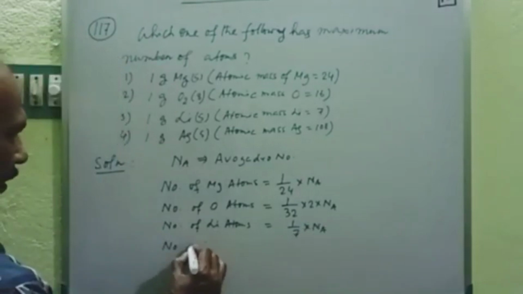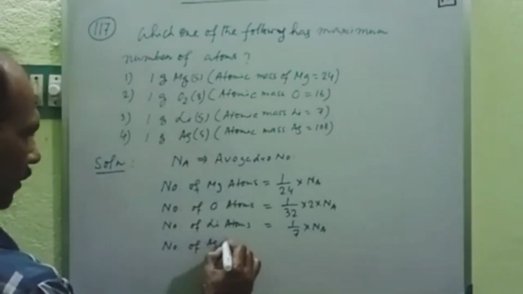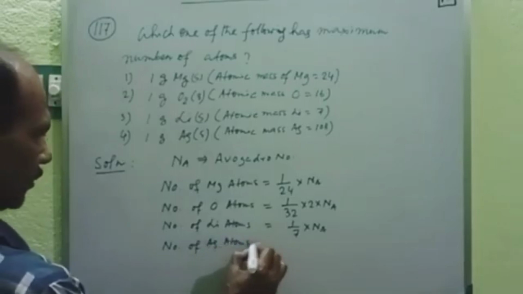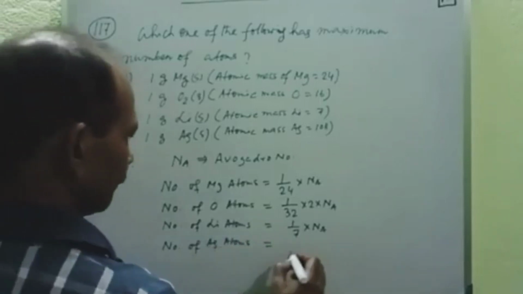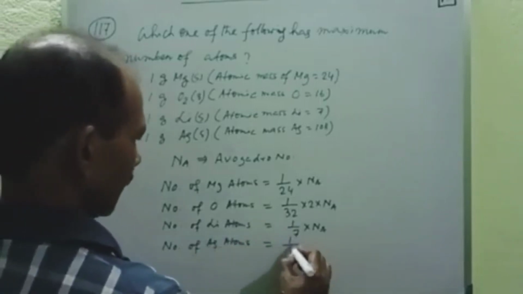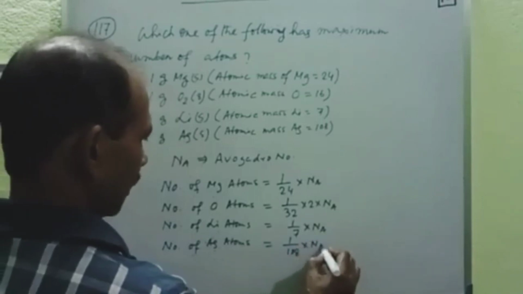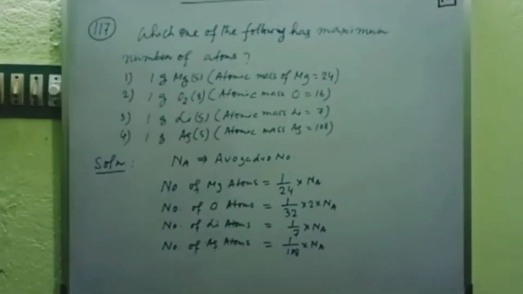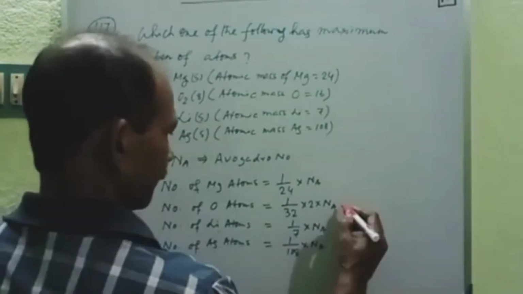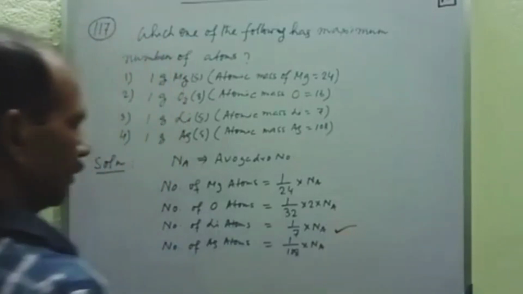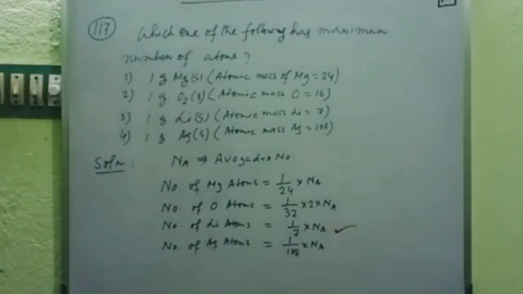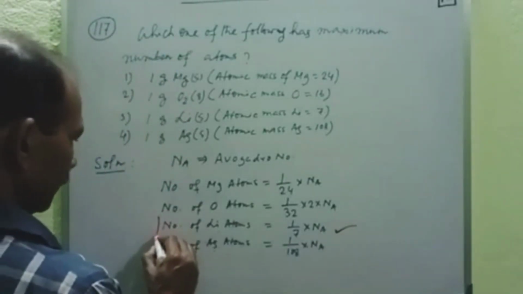And similarly, number of silver atoms equals to 1 divided by 108 into Avogadro number. Look at the four values. The maximum value is the number of lithium atoms.